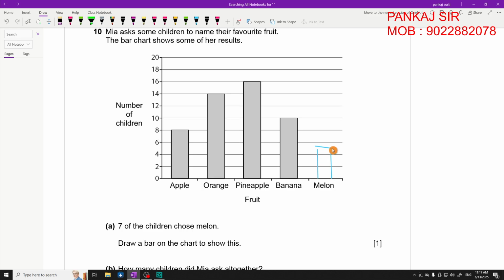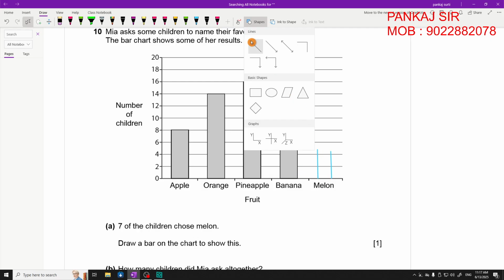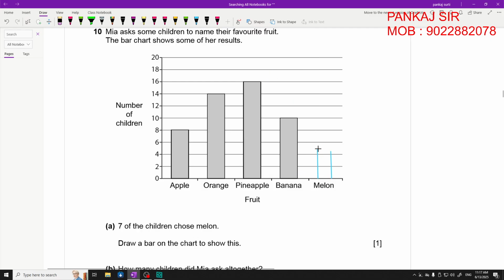Now this has to be, one second. I'll draw it without this. So basically it will be at 7. So from here to here you can go this way. And you can of course shade it if you want.